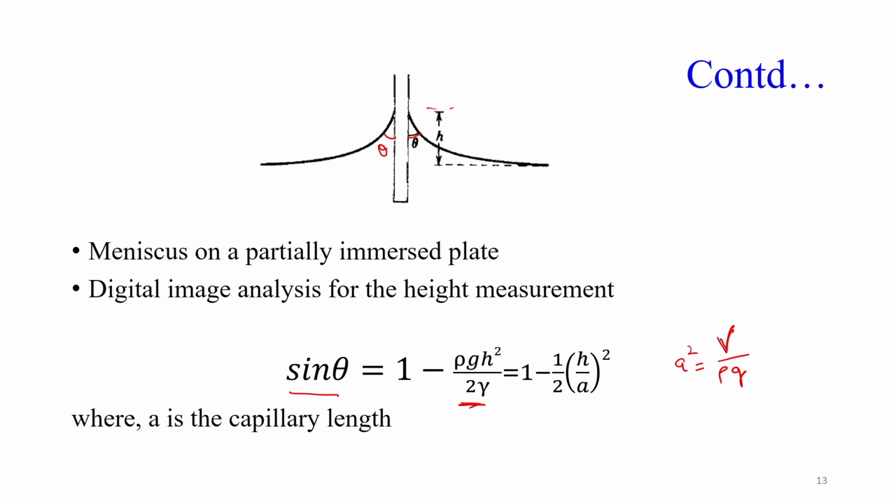So, what it says again, if you have a computer controlled device, you can digitally analyze the image, and if you can measure the height of this meniscus, you should be able to easily calculate the value of the contact angle using the Plate method as well.